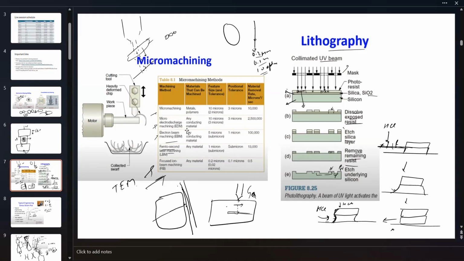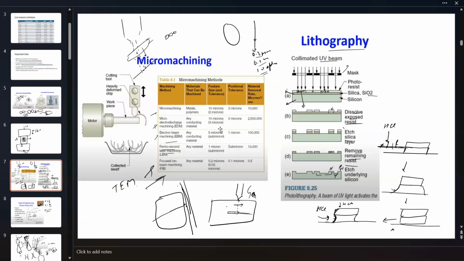You have EDM, which is electro discharge machining, where you have a current carrying, high voltage wire, which as it comes into contact with the workpiece, slowly erodes the surface near the wire from sparks, a lot of sparks.